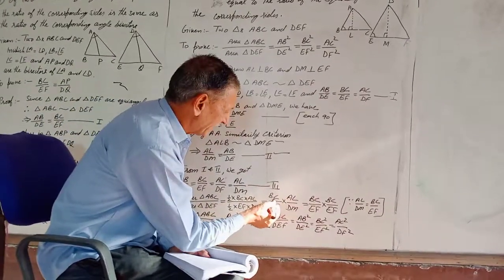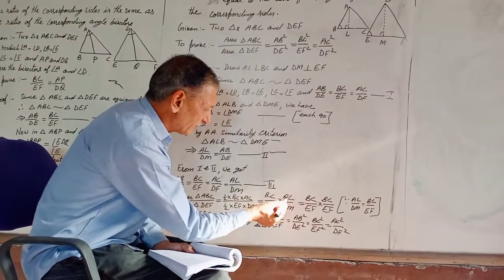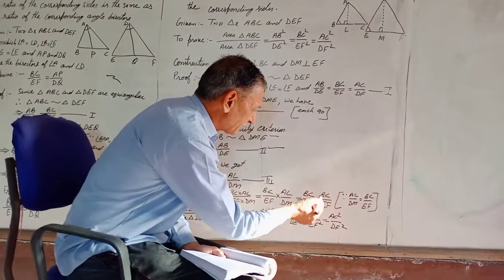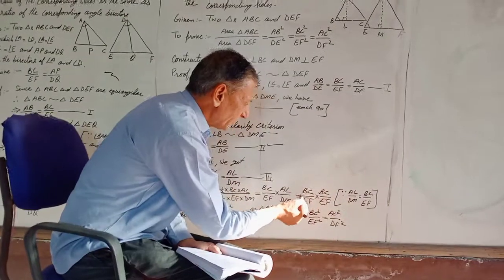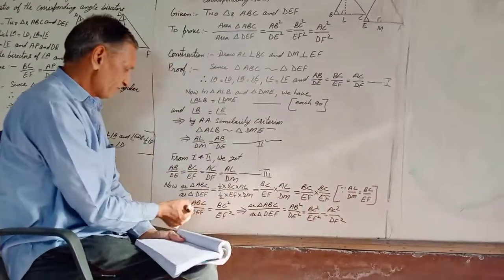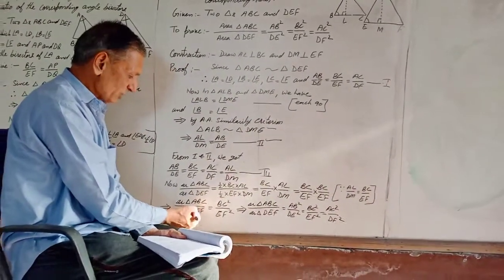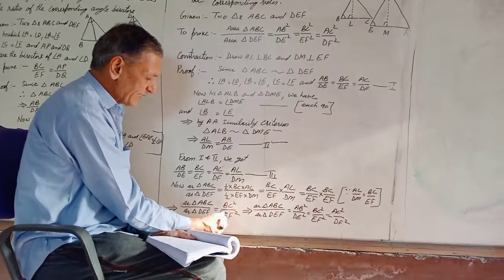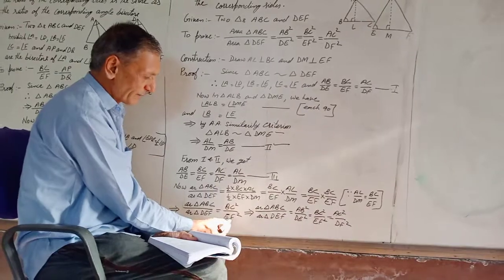Once we have written BC upon EF is equal to AL upon DM, AL upon DM is again replaced by BC upon EF. That gives you the ratio of the areas is equal to square of BC upon square of EF.